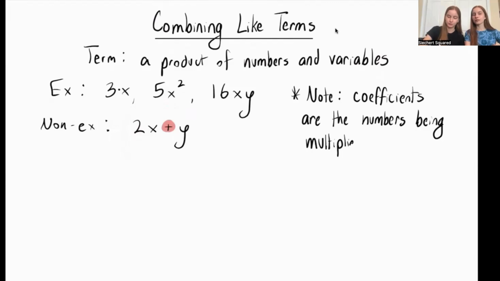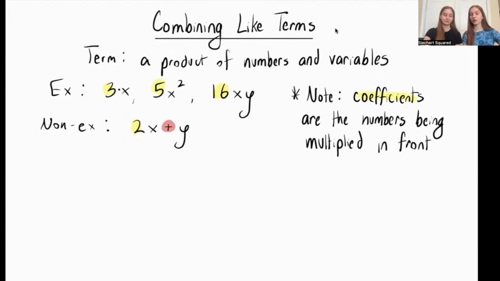So for instance, in the list of all the examples, 3 would be the coefficient. That's the number in the front being multiplied. We have the 5 as a coefficient, the 16 is a coefficient. Even in the non-example, technically 2 is the coefficient of the x because it's being multiplied with the x.